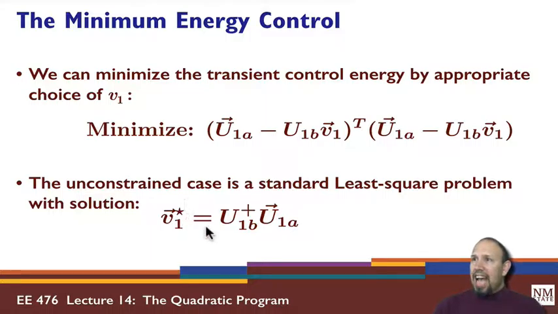We have an exact solution to our optimization problem, and there it is right there. Boom. So if all we want to do is find the minimum energy solution, there it is. In fact, since it's so easy to calculate, this is often a great place to start in terms of looking for initial solutions.